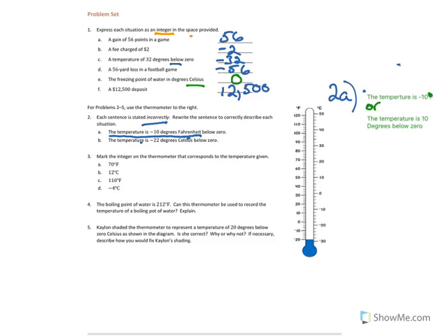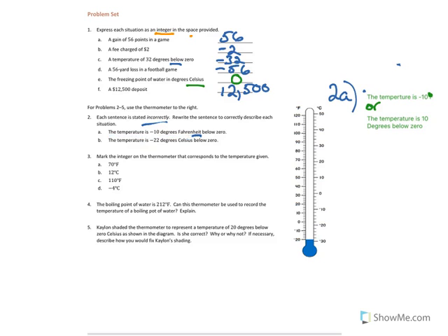We're describing the situation. The temperature is, and we're telling you where it would be located on the number line. So the temperature is 10 degrees below 0. Above, we're writing it as if you're the weatherman. The temperature outside is negative 10 degrees. Both of those would work. What they have in A will not work.